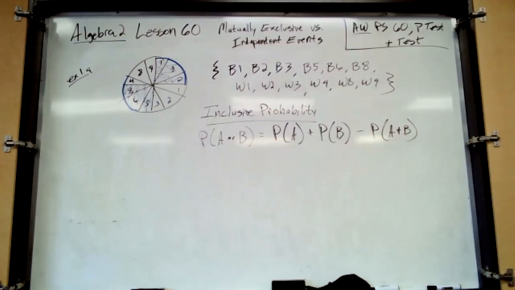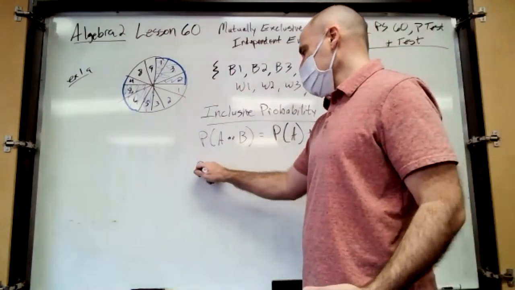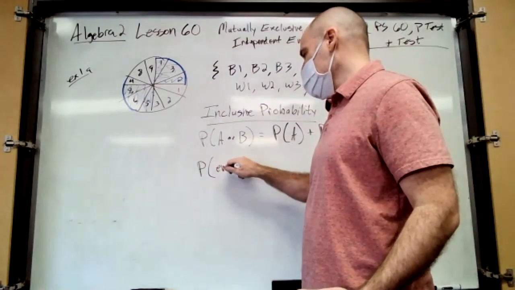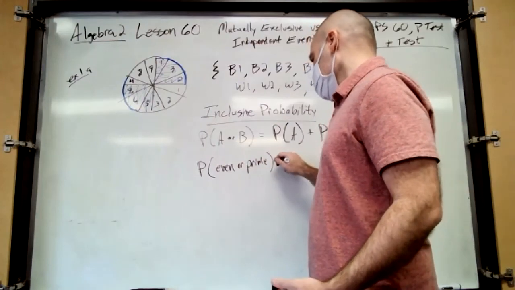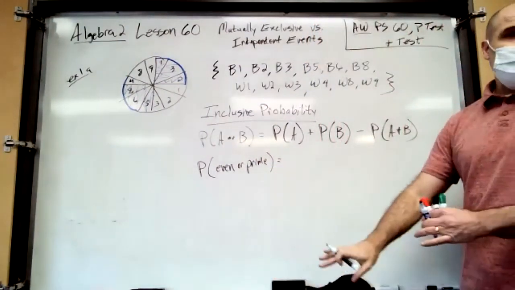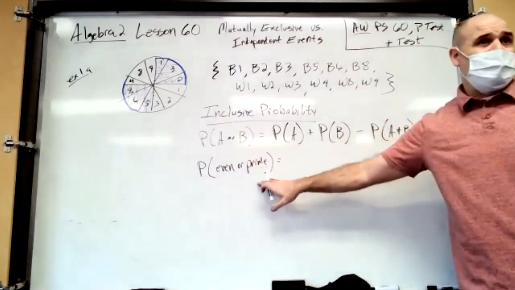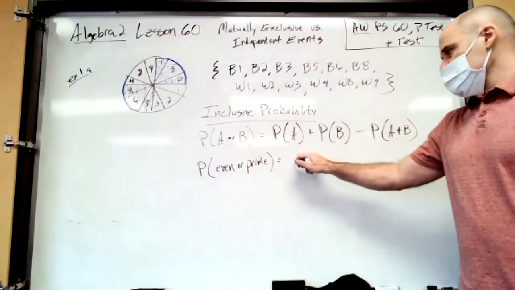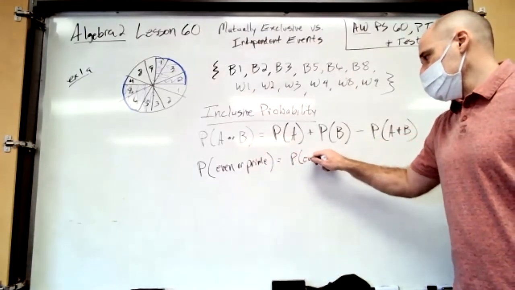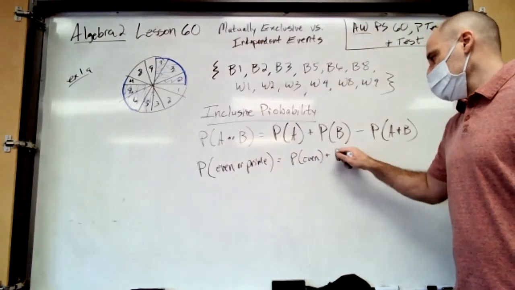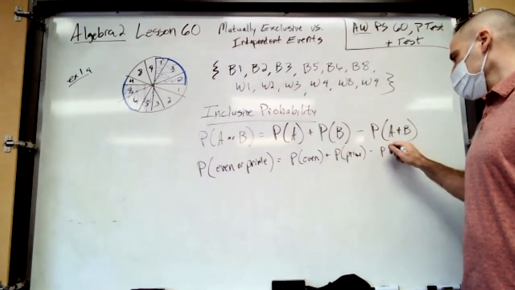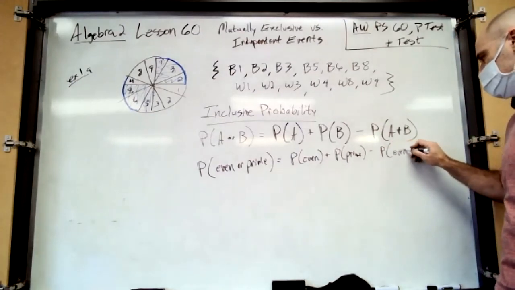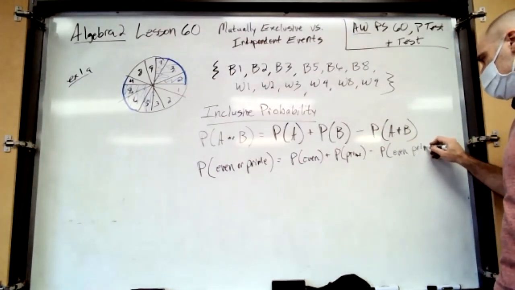So let me just start with that example. What is the probability of rolling a die and getting an even or prime number? Well, I'm just going to replace even for A and prime for B. So probability of even plus the probability of prime minus the probability of an even prime number.